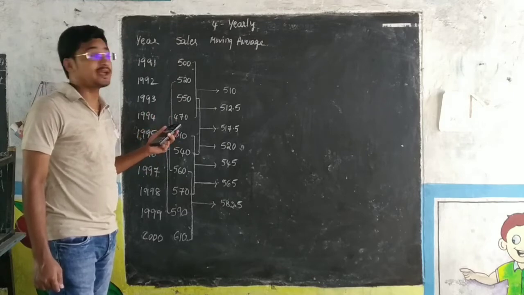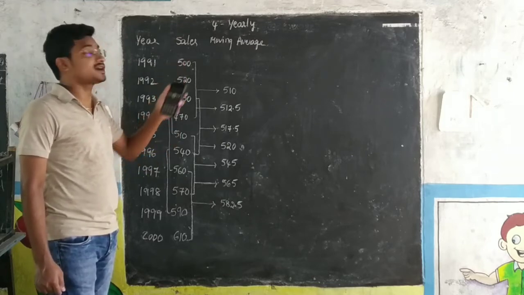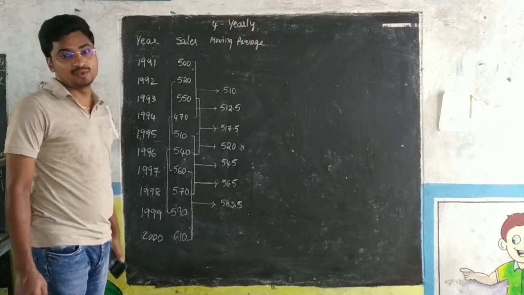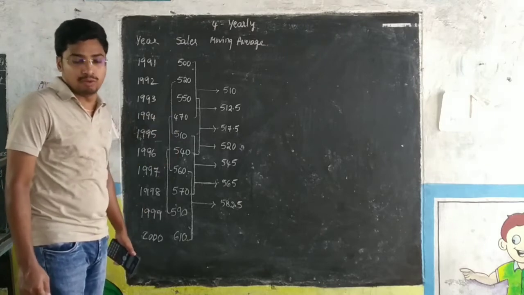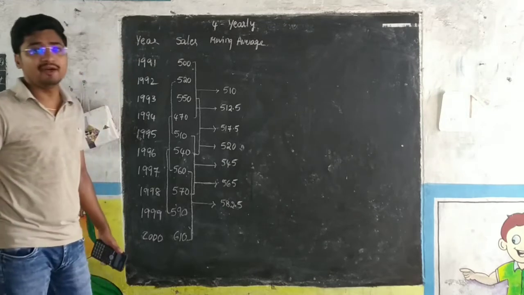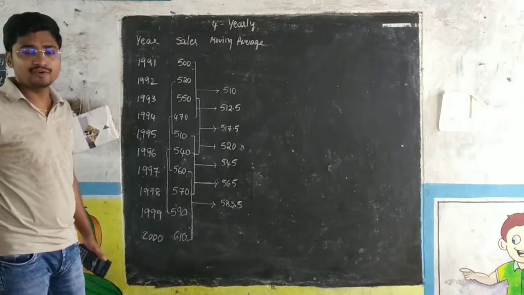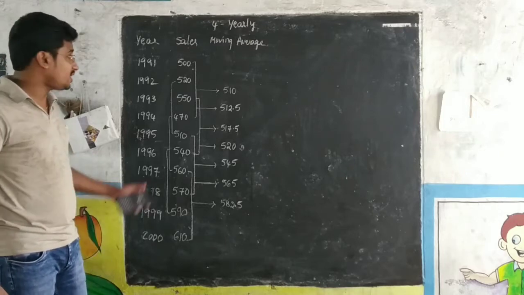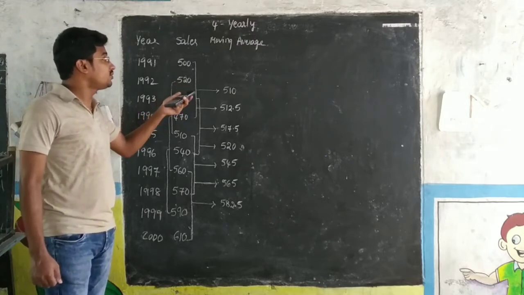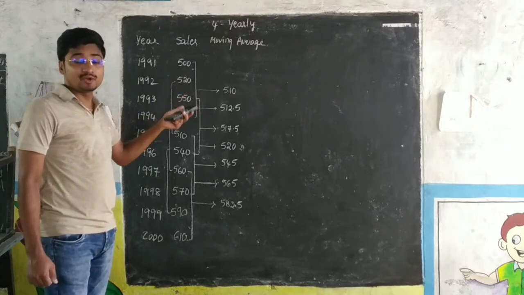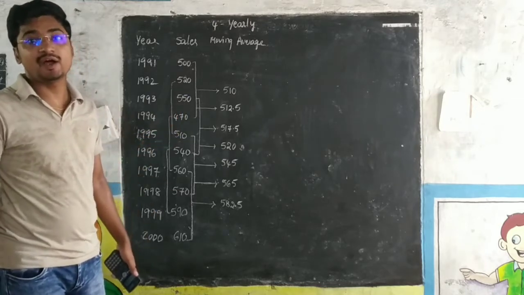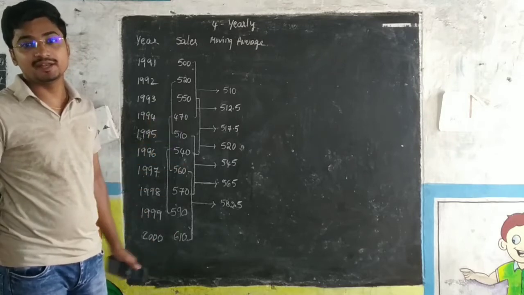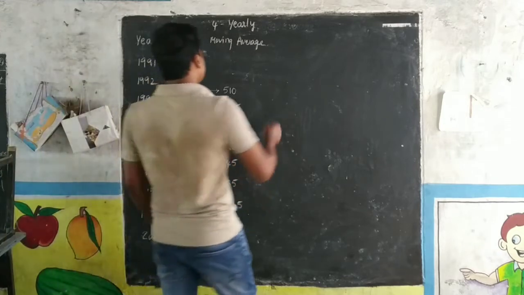In that case, we have to calculate an extra column, that is the centered moving average. This is only for even yearly moving average, not for odd yearly moving average.